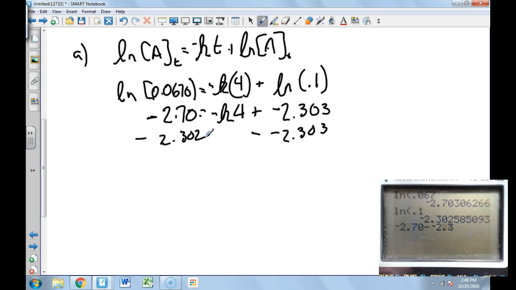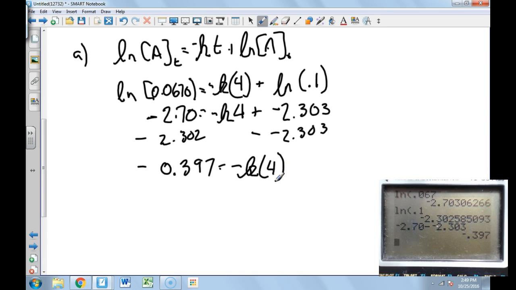So we're subtracting 2.303. And so we get an answer of negative 0.397 equals negative k times 4.